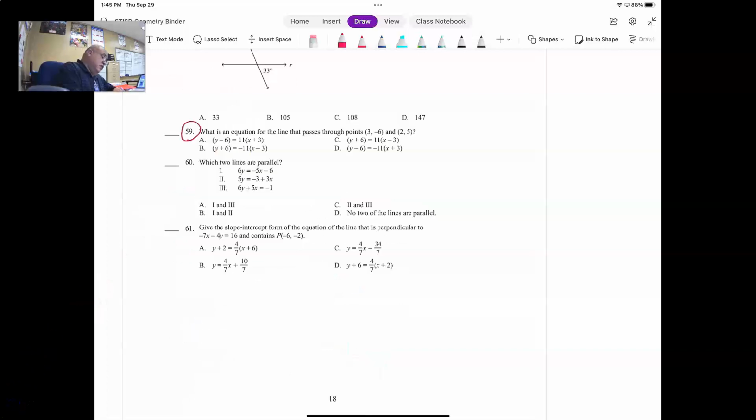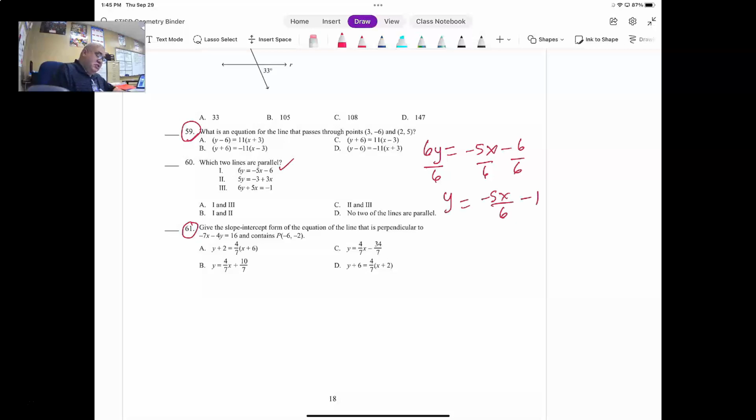I'm going to do 59 and 61 in class because I think I did another one already earlier. I'm going to do 60 because I know that's one that I did in the opener, and I do want to review it again. It says, which two lines are parallel? You notice they're not in slope-intercept form, so we have 6y equals negative 5x minus 6. So I have to divide by 6. So y equals negative 5x over 6 minus 1.